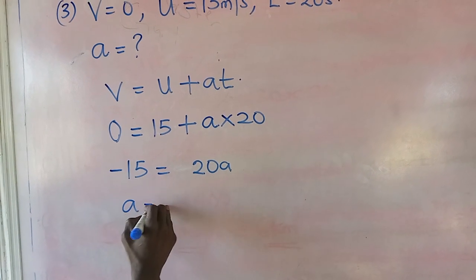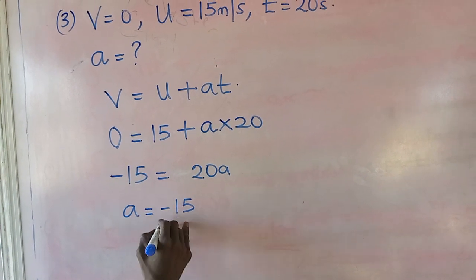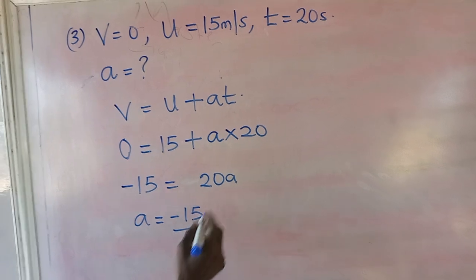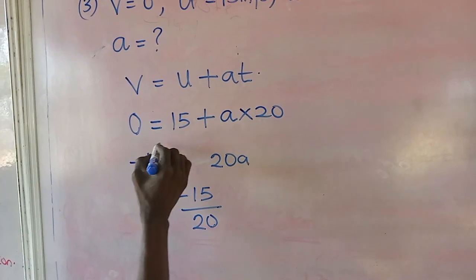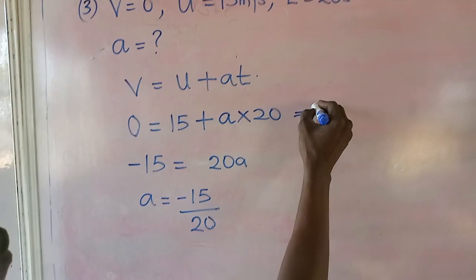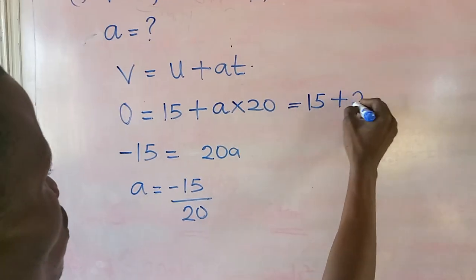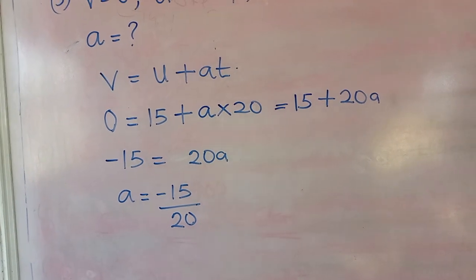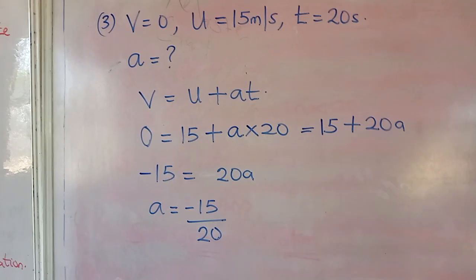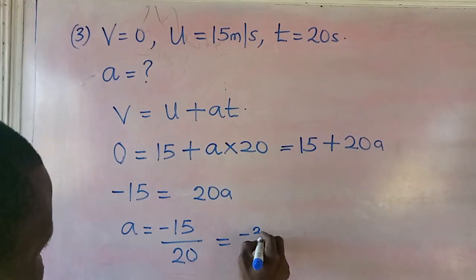So a will be minus 15 over 20. I hope this is clear to us. From here, 0 equals 15 plus 20a, so when you bring it over, minus 15 will be 20a. And this is minus 3 over 4.